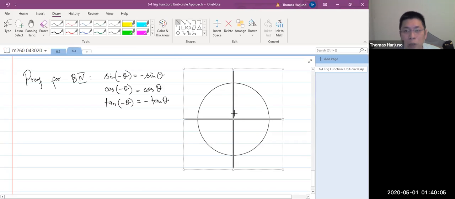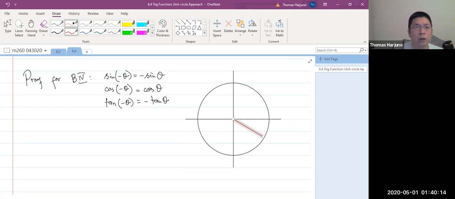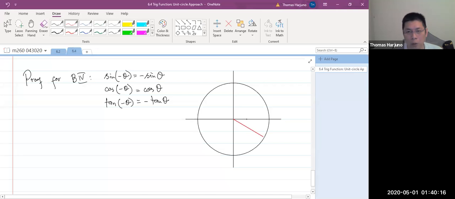Now suppose I have a negative angle. Negative angle, basically, you start from positive x-axis, but you go in the opposite direction. Instead of counterclockwise, you go clockwise. So this is negative theta here. Now because that's negative theta, what is the coordinate here? The coordinate associated to the angle must be cosine negative theta, sine negative theta.